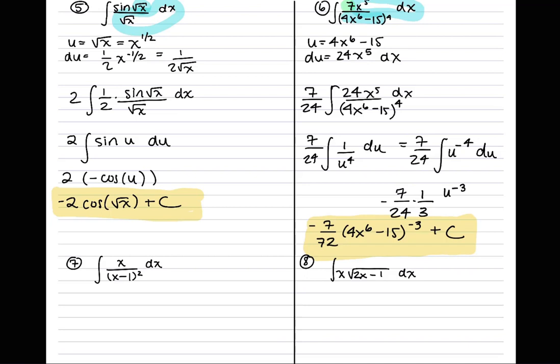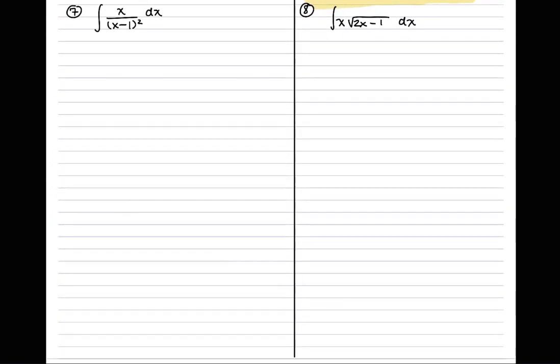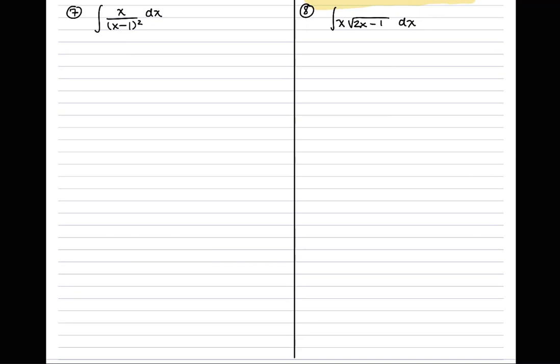Okay, so moving on. Let's take a look at example 7. So this is computing the integral of x over quantity x minus 1 squared with respect to x. Okay, 2 candidates, and going along with that trend of making your u as much as possible, my inclination is I really want to choose my u to be x minus 1.